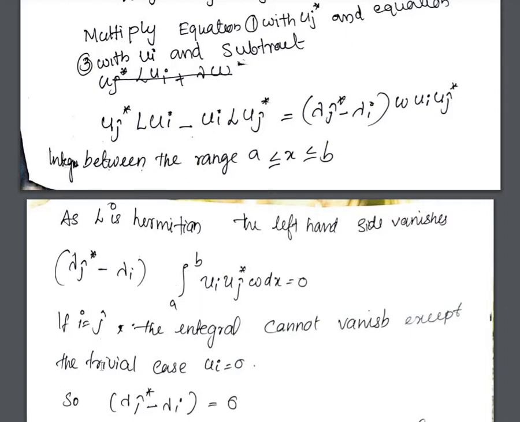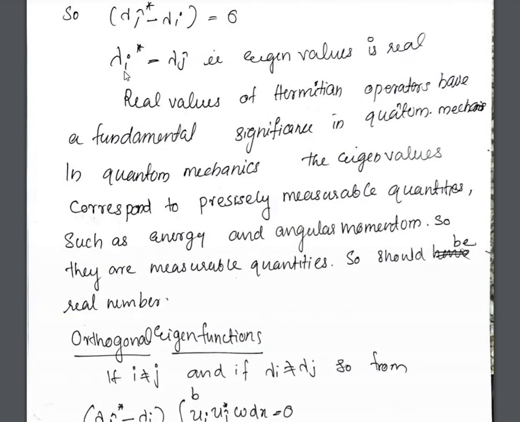In order to satisfy this equation, lambda i star minus lambda i is equal to 0 if i is equal to j. That is the only solution when i is equal to j, because at that time the integral does not vanish. So lambda i star is equal to lambda i, that is, the eigenvalue is real.